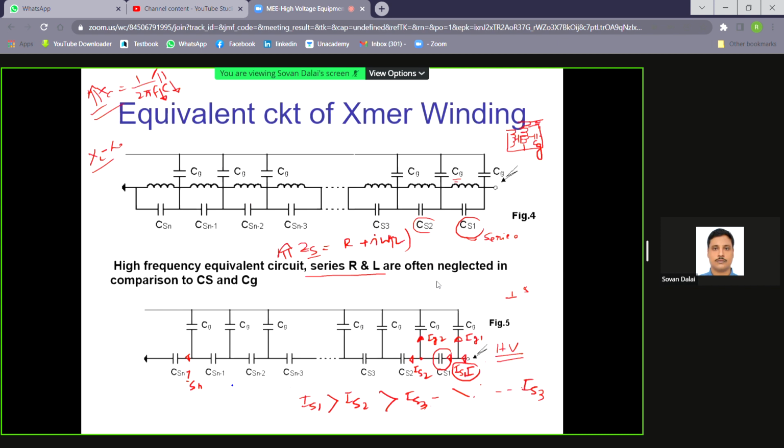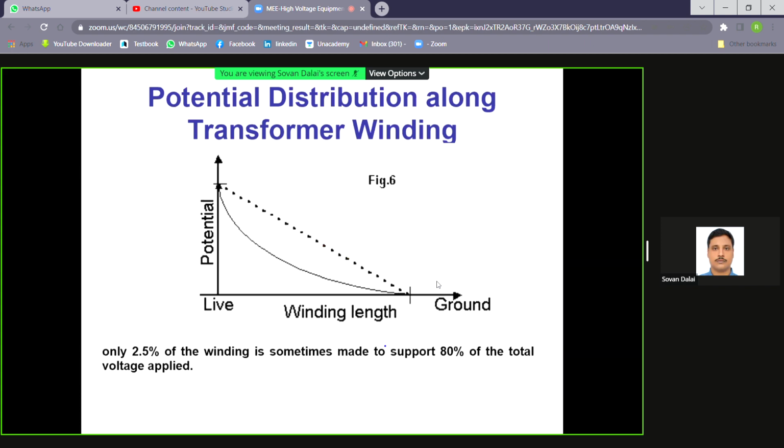So what will happen? It was observed that 2 to 5% of the total winding is basically subjected to 80% of the total voltage.